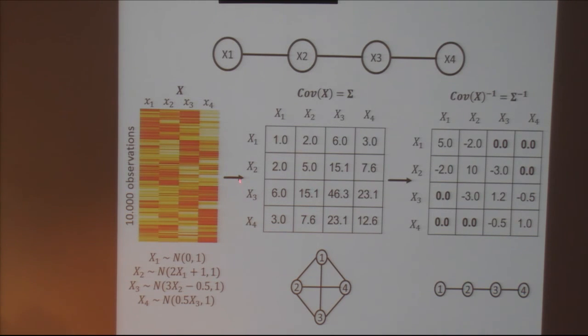When we go on and we invert this matrix, all of a sudden the zeros appear. And the zeros are exactly for those edges which are only induced edges, like x1 to x3 doesn't exist. It's only induced by chaining these generative laws together. And that's why in the inverse of the variance-covariance matrix, this edge disappears and becomes zero.